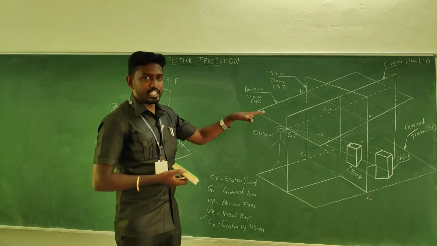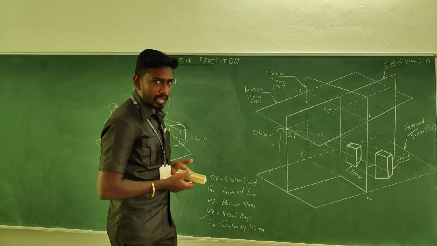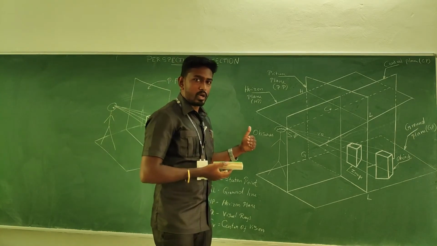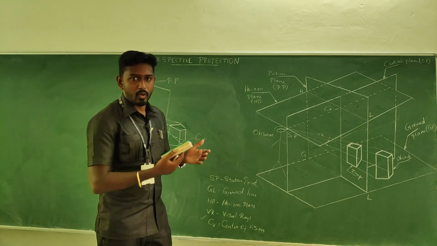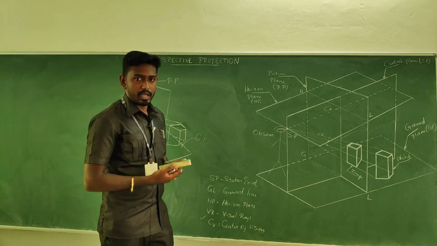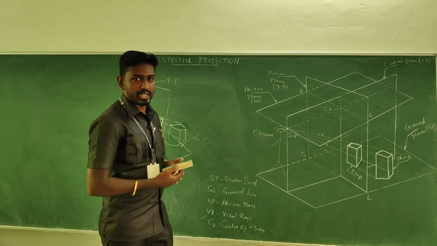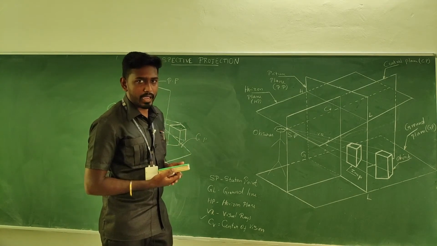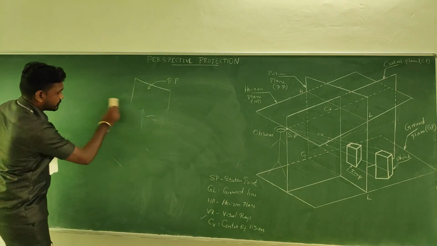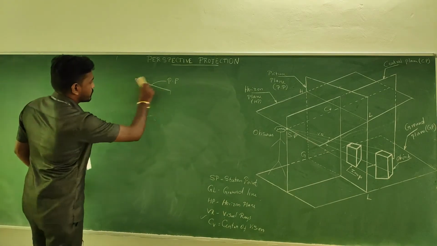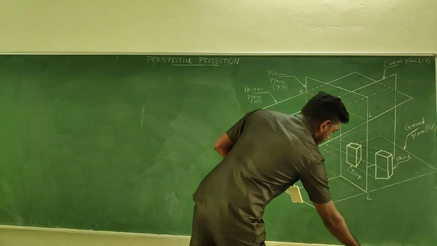So this is how the arrangement of the perspective projection is placed. Now let us know how we need to interpret it on paper, as far as students presenting the perspective projection are concerned. Fine.